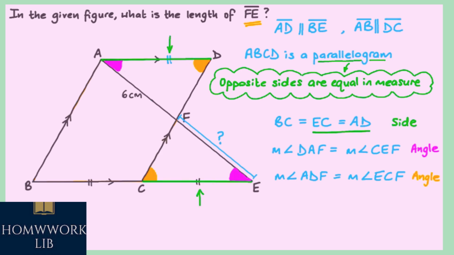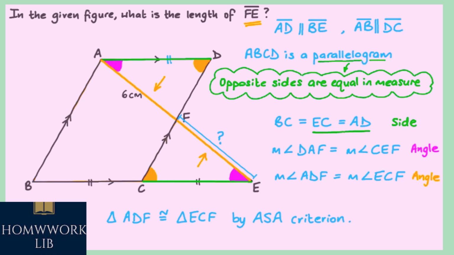And we have already established that the pair of included sides, AD and EC, between these angles are congruent. So this proves that triangles ADF and ECF are congruent by using the ASA, or angle-side-angle, congruence criterion. This will allow us to find the length of line segment FE.